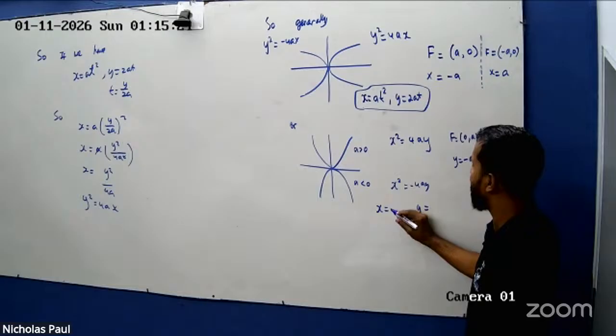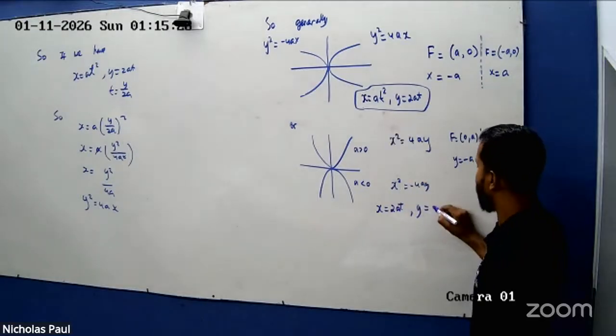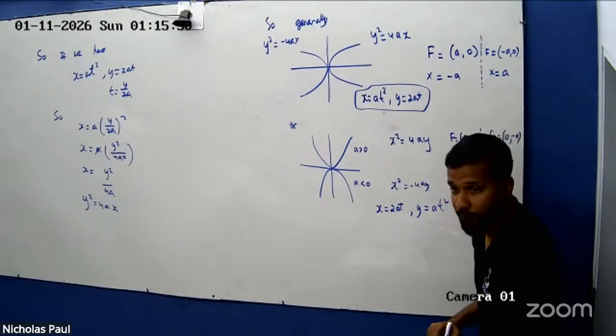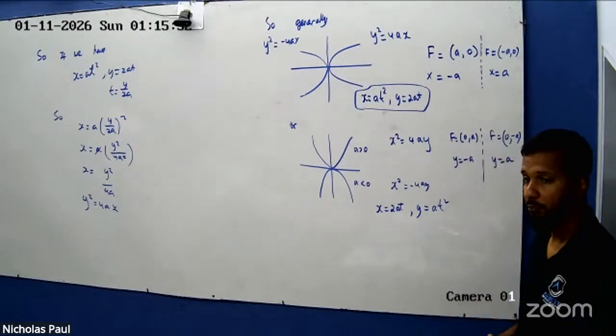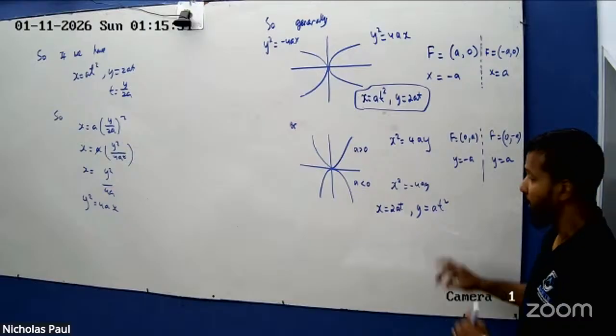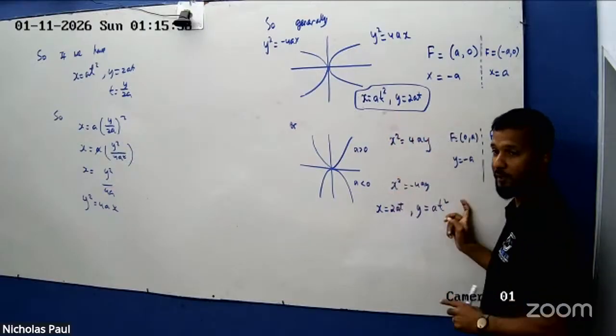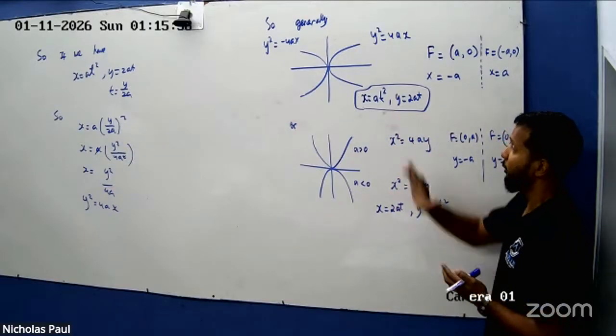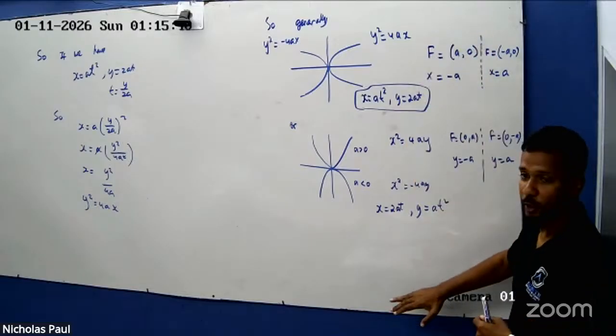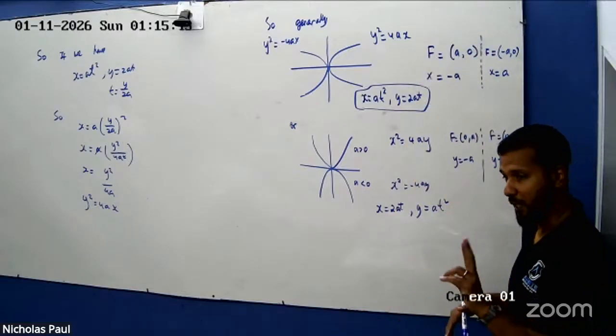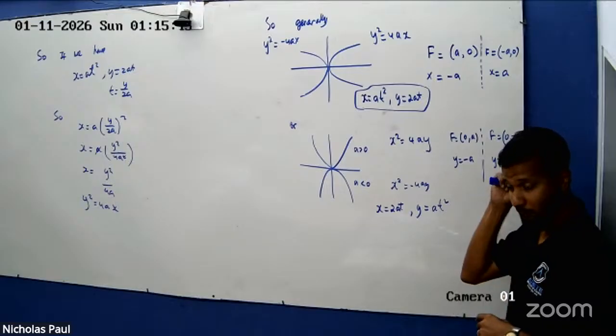So x will be equal to 2at and y will be equal to at squared. Right? So you just flip them around for this one. These are everything that you need to know about parabola. I gave you ellipse and circle. That's the end of coordinate geometry.